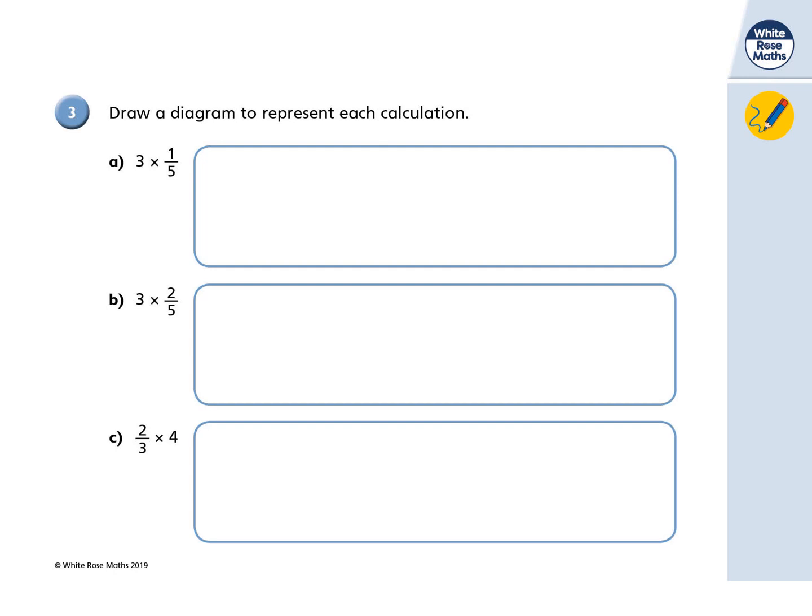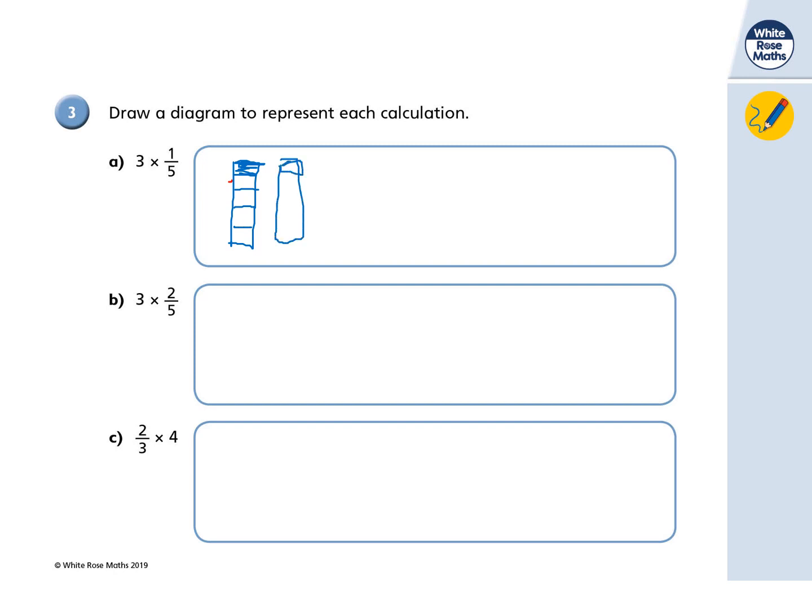We can draw diagrams like this: 1, 2. Sorry, let's change it to blue. Okay, it is 1/5. 1 from 5 is colored. 2, 3, 4, 5. We're going to draw it like this.